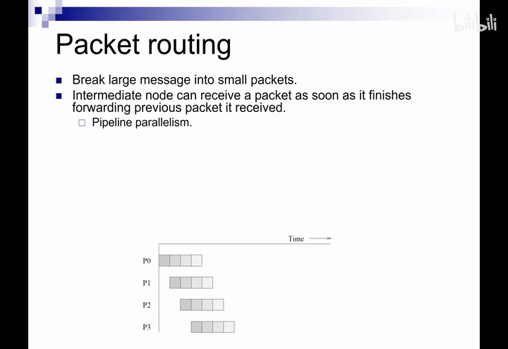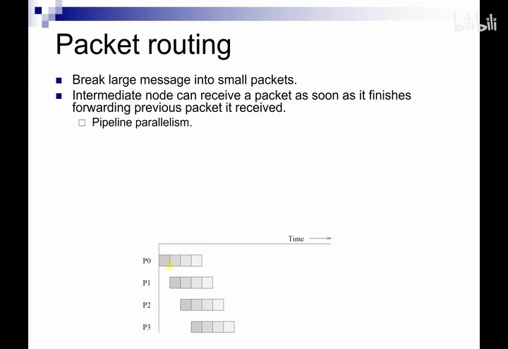In fact, because you do this forwarding of every packet, we're basically sending the messages through a pipeline. At the first time step, P0 gets the first packet, and then it forwards the packet to P1.